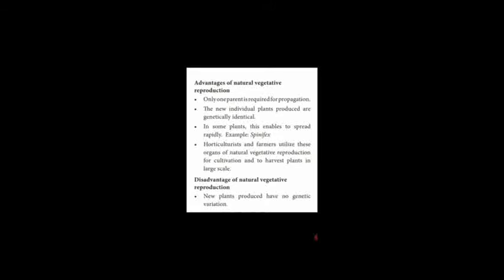The disadvantage is only one, that is there are no genetically variable plants produced in this method. Whatever the parental character is showing, only the same kind of characteristic plant is produced in the new generation by natural vegetative reproduction.